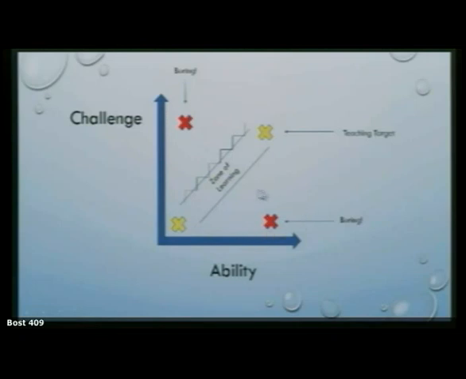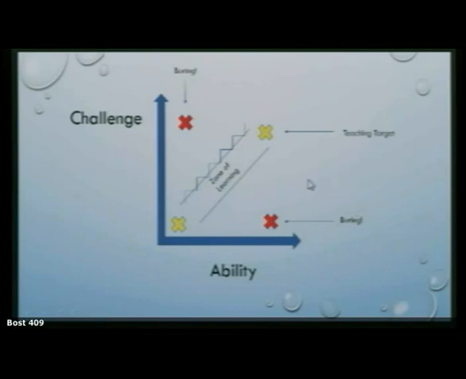Inversely, if one's ability is greater than the challenge itself, the same thing occurs. Boredom. Perhaps even frustration there.